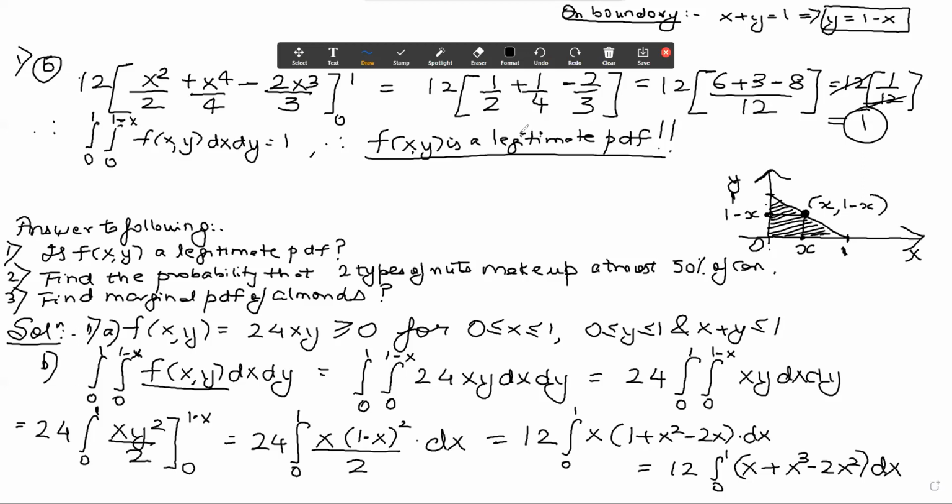Now, the second part, they ask us, what is the probability that the two types of nuts make up at most 50% of the can? So what is this part asking us?